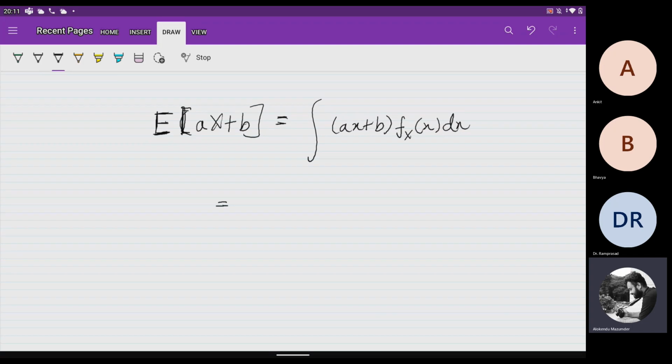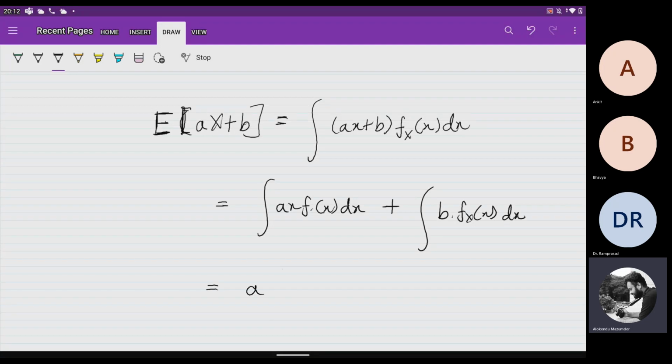If I have to split the integration, it will be integral of ax times fx dx plus integral of b fx dx, right?